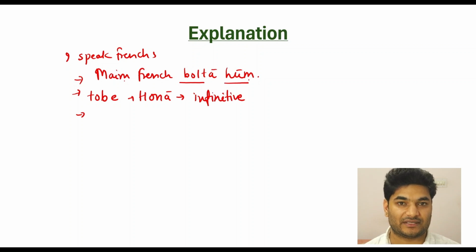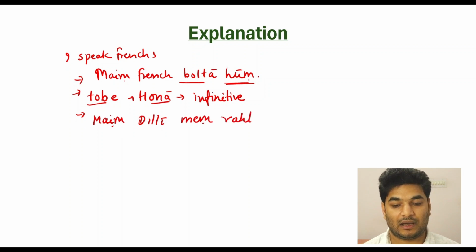It is a bit strange concept for English speakers, but this is how it is in Hindi. होना, the verb to be, will be conjugated हूँ, हो, है, and will be there always in present simple. मैं French बोलता हूँ is I speak French. मैं दिल्ली में रहता हूँ. I live in Delhi.